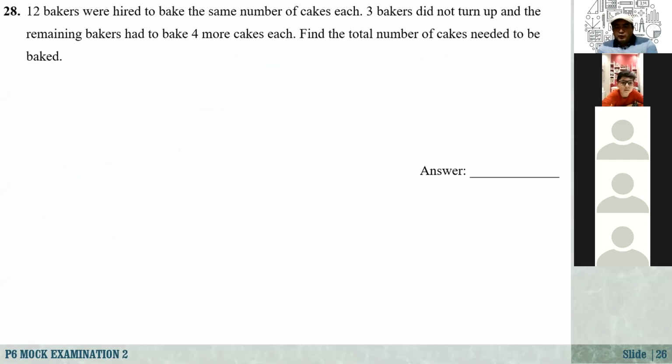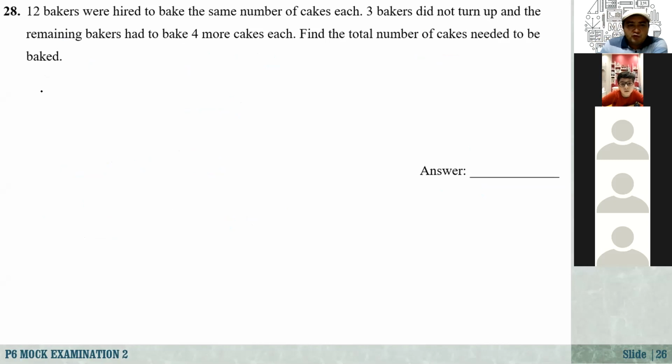How about this question? 28. 12 bakers were hired to bake the same number of cakes each. And 3 bakers did not turn up. And the remaining bakers had to bake 4 more cakes each. Find the total number of cakes needed to be baked.